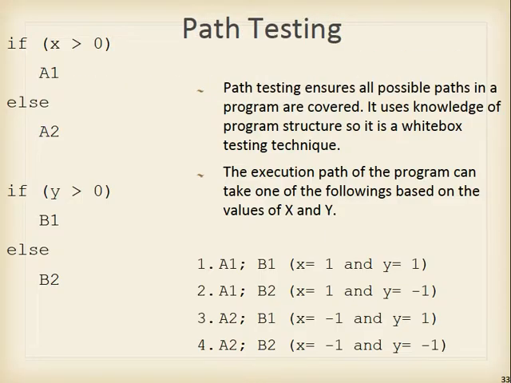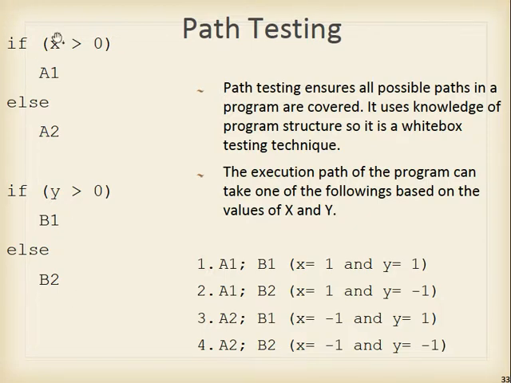But with path testing, we actually look inside the code. If your code looks like this on the left-hand side, it looks for if x greater than 0, you do a group of statement, A1. Else, you do another group of statement, A2. And if y is greater than 0, you do B1 statement. And otherwise, you do B2.